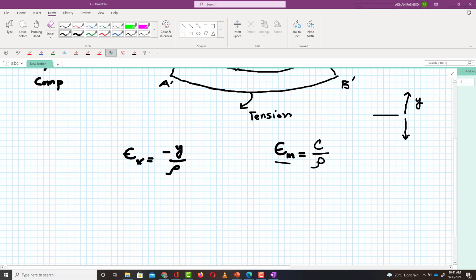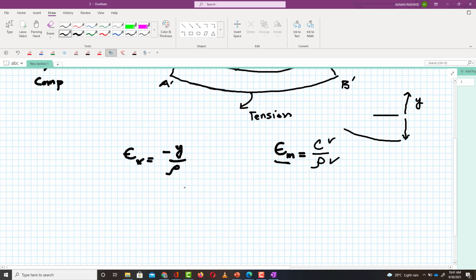So maximum strain will be, if you put this y as minus c, because the maximum strain will be in tension. There will be strain in compression, but that will be contraction. So maximum strain will be equal to c over rho.